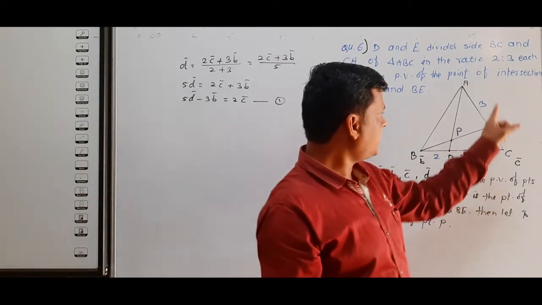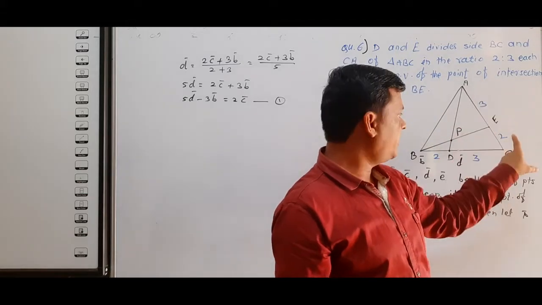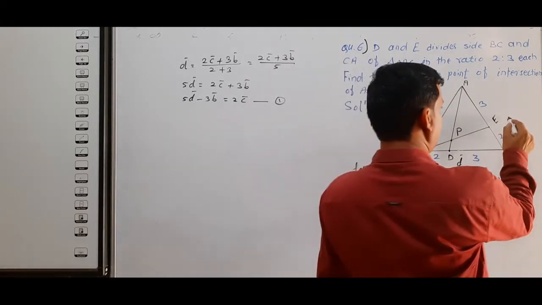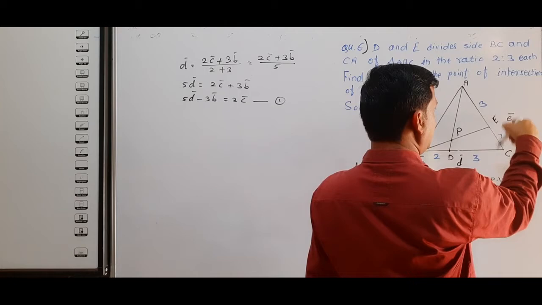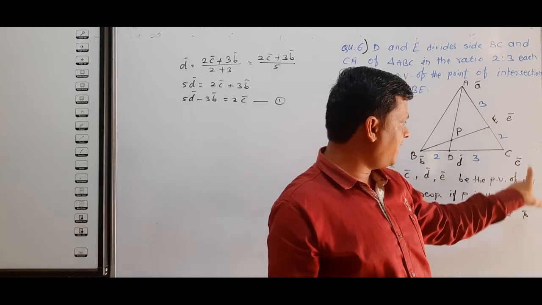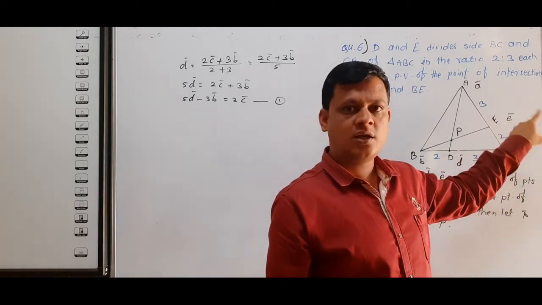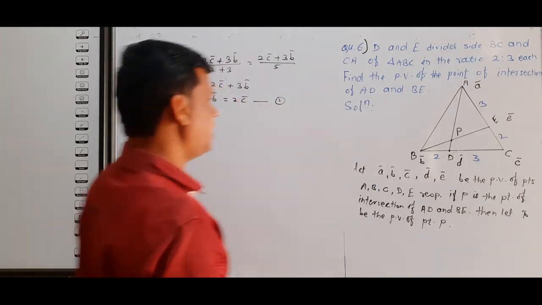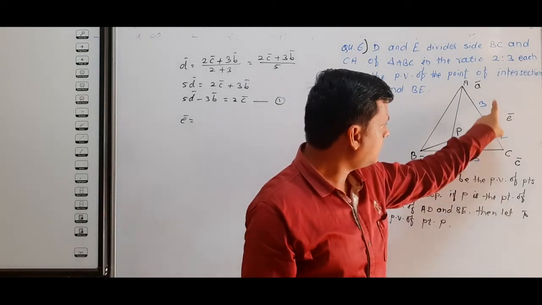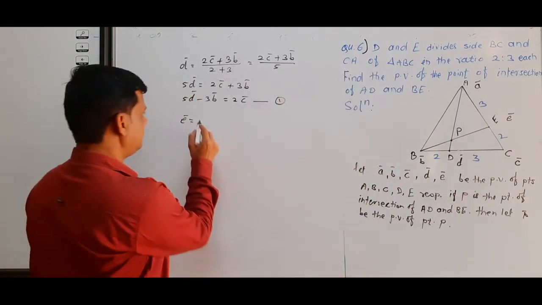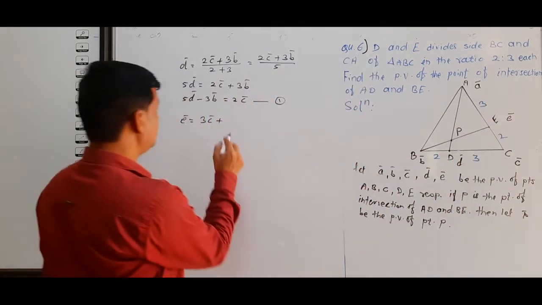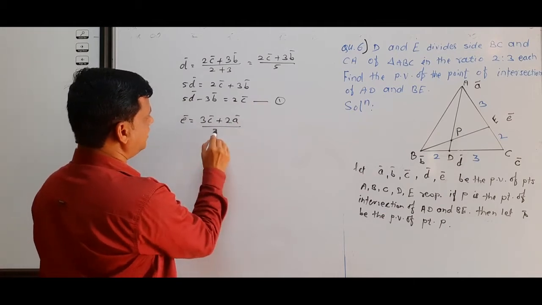Now see the second side CA. This point A divides this side CA in the ratio 2:3. So we consider here the position vector of point A is A bar. So this point A divides this CA in the ratio 2:3. So we use the section formula for internal division. So we write here A bar is equal to again 3 into C bar plus 2 into A bar upon 3 plus 2.